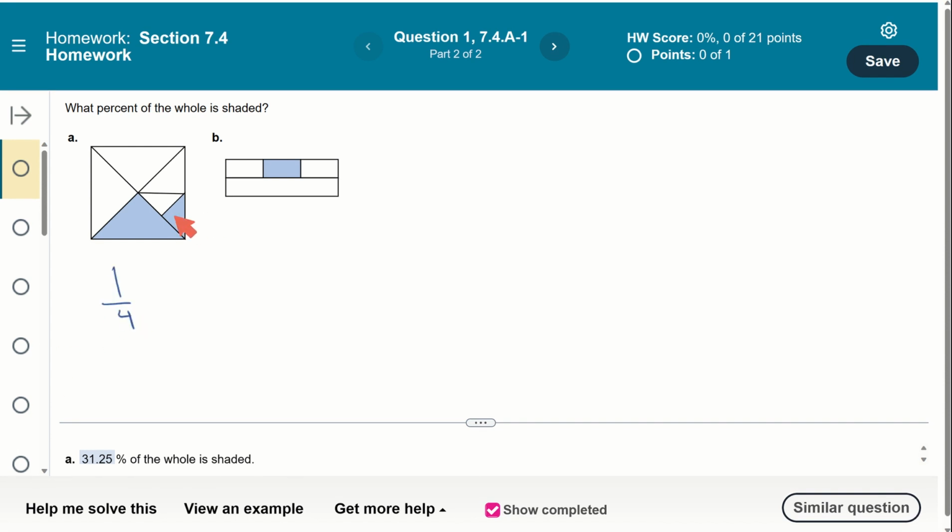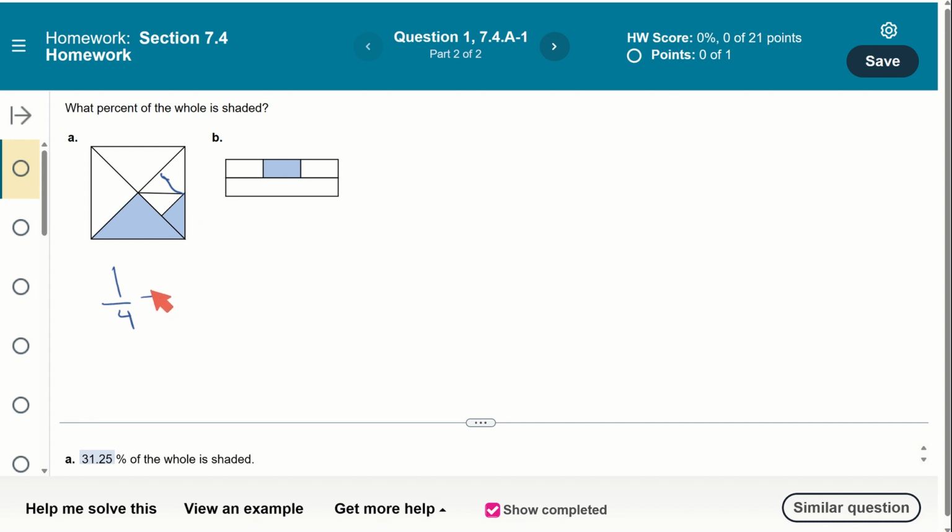Now for this one, notice that if you take this other triangle in here and cut it in two like they did with that one, then you have 1, 2, 3, 4 parts, and 1/4 of that 1/4. So the whole triangle is 1/4, and this is 1/4 of that 1/4.